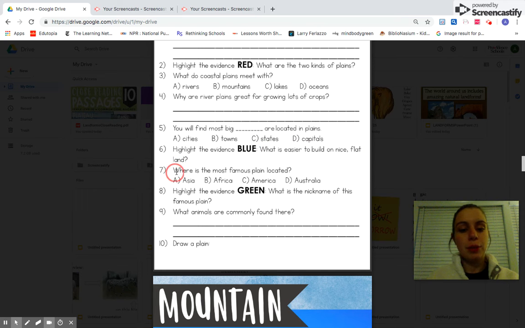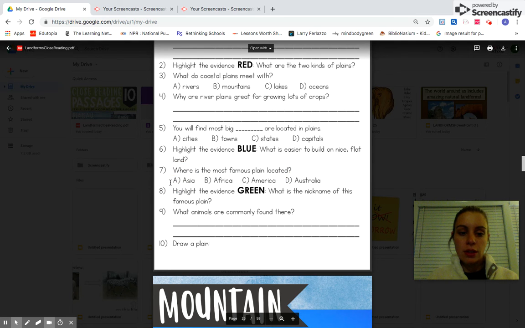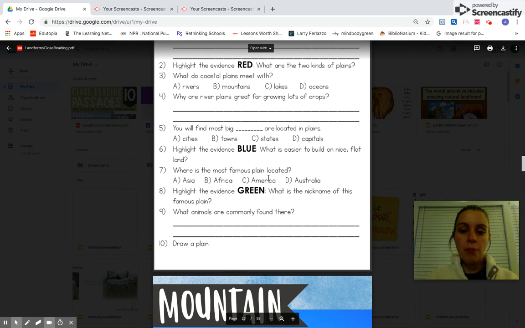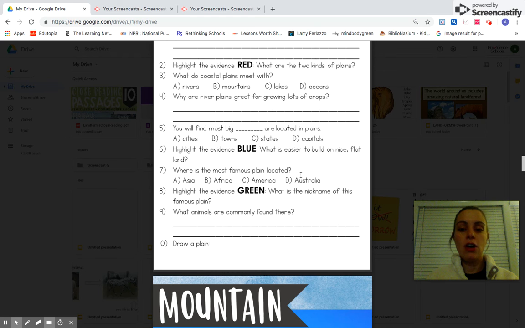Okay, number 7. Where is the most famous plain located? So where is it? In what country or place? Okay, A, Asia, B, Africa, C, America, or D, Australia. So pause and pick one. Number 8. Highlight the evidence or underline.